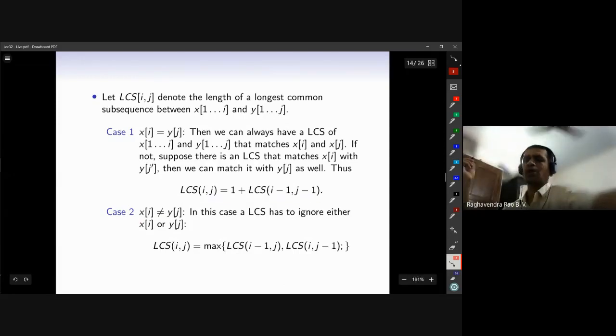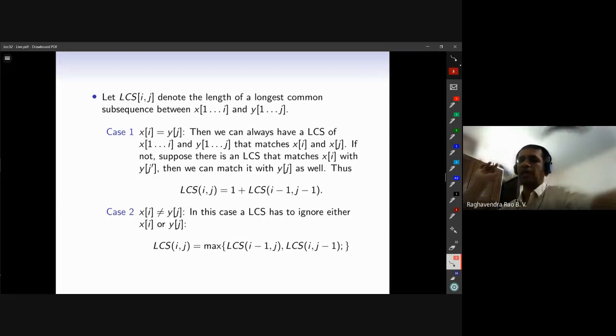That means for sure one of them has to be ignored, right? So accordingly we have the recurrence. LCS ij is max of, you remove the last letter from x, that is LCS i minus 1, j, and the second recursive call is remove the last letter from y. You take the max of the two. That's going to be your value.